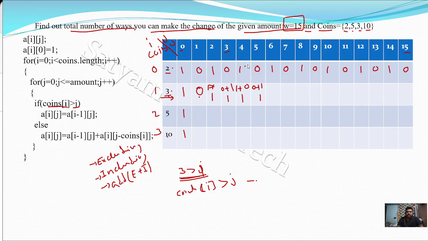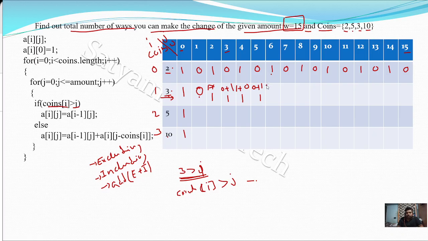You can say the number of ways to make 5 rupees is only one way. How? 2 plus 3 is 5, so one way. Here for 6 also, if we cannot include this 3, how many ways to make this 6 by using the 2 rupee coin?